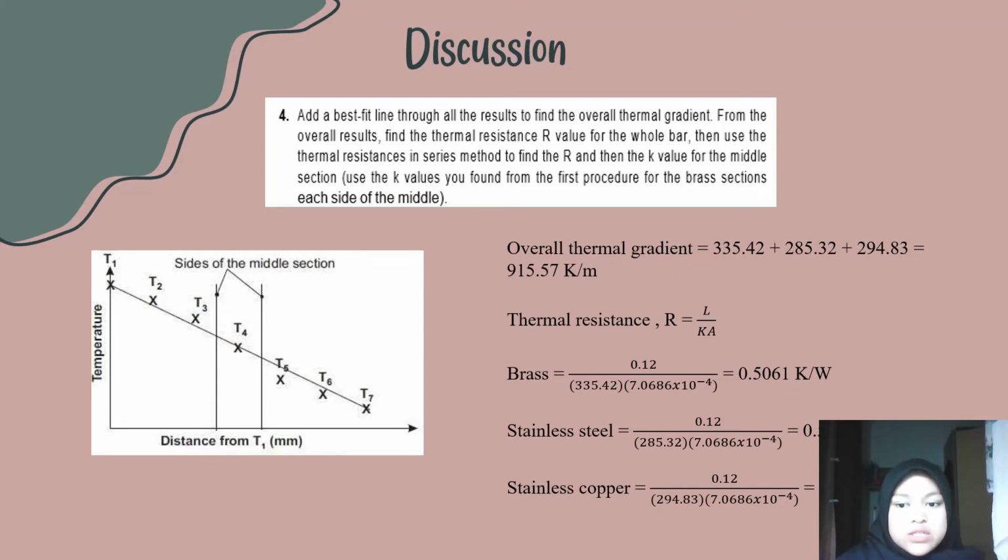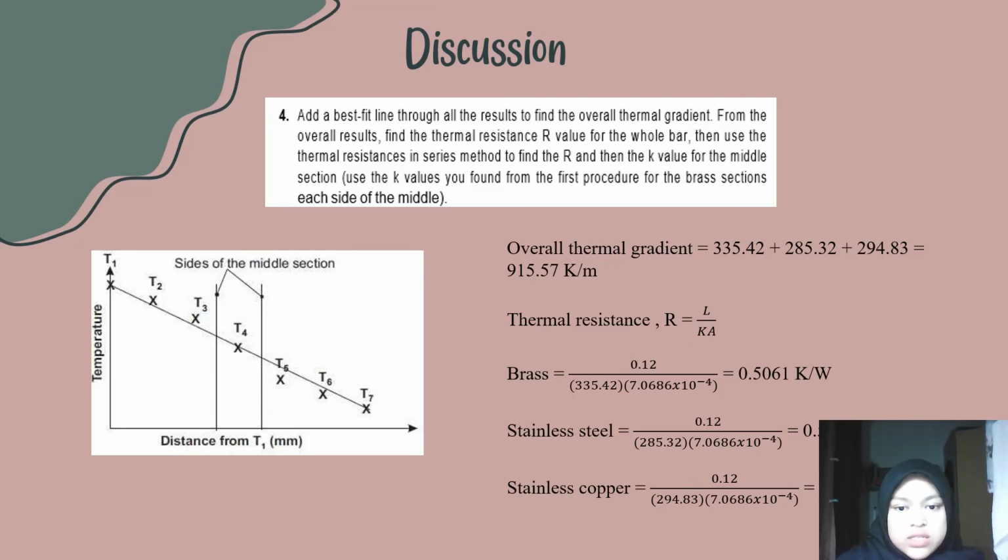So as you can see on the left side, this is our best fit line that we get from our result. The overall thermal gradient that we get is 915.57 K per m. The thermal resistance formula that we use is R equals L over KA.